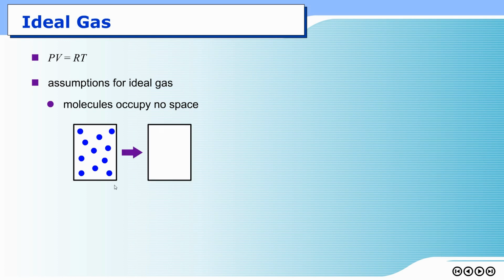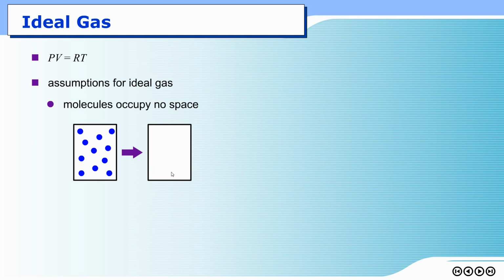So in the ideal gas law, it is assumed that atoms or molecules do not occupy any space. The space between molecules is therefore equal to the volume of the container.